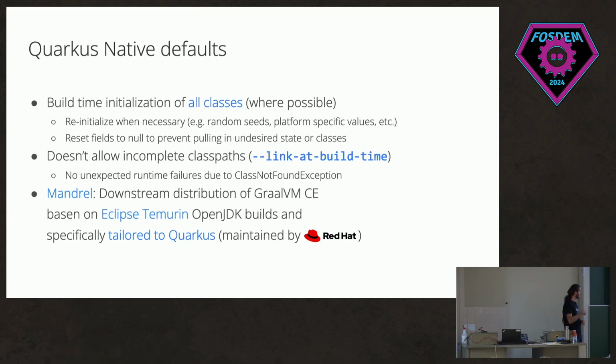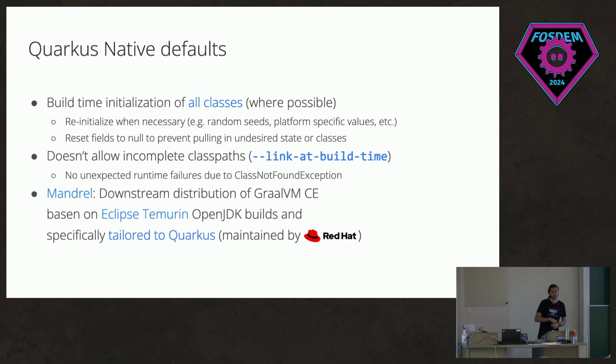And this might create some issues, so Quarkus will take care of reinitializing anything that's necessary, like random seeds or some platform-specific values. And it will also reset fields that we don't need at runtime.